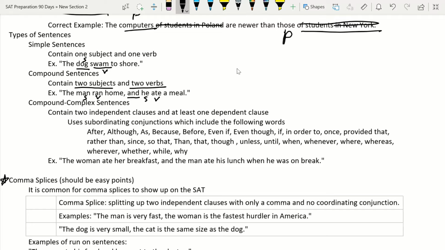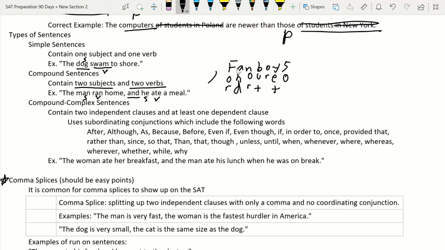So for a compound sentence, we can connect it in two ways. We can connect it with a comma and a fanboy, right? Now if you don't know what fanboys are, they're coordinating conjunctions, right? And the reason I said fanboys is because there are 7 of them. They are for, and, nor, but, or, yet, and so.